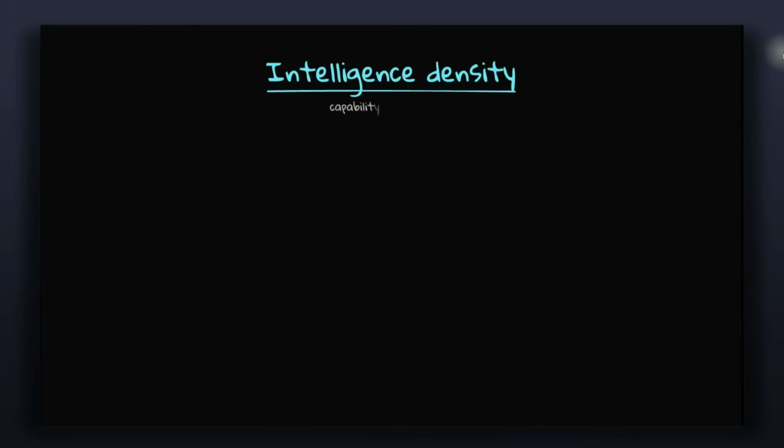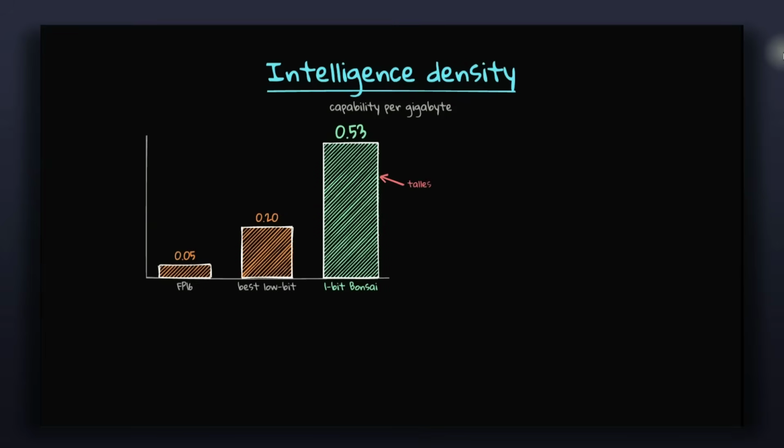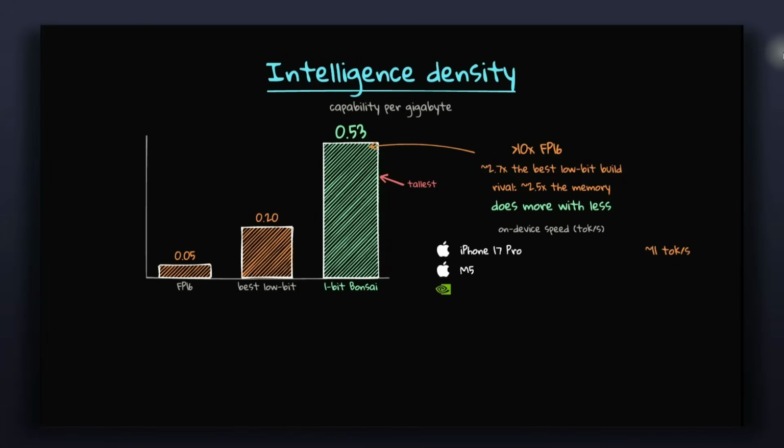Okay, so when it comes to intelligence, Prism ML introduced this concept of intelligence density, or capability per gigabyte, where they show that the 1-bit Bonsai model scores 0.53 per gigabyte, which is over 10 times full precision and about 2.7 times that of the best low-bit precision.